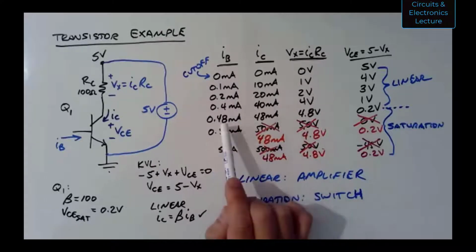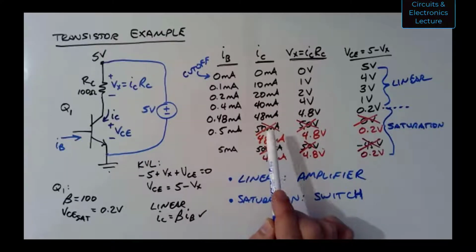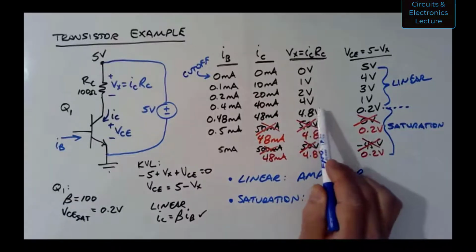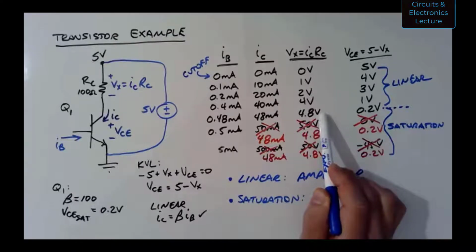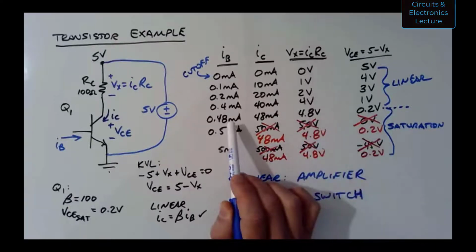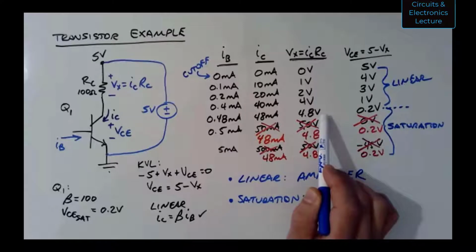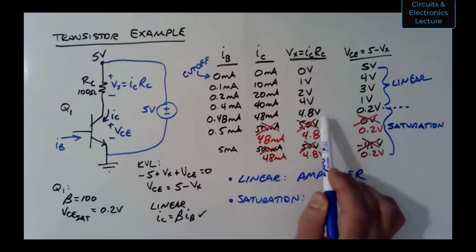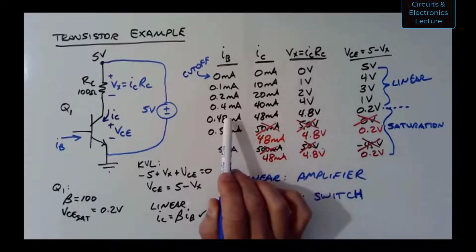So IC is controlled by IB. That's how we described a current-controlled current source. Here we have a voltage, Vx, being controlled by IB. That would be a current-controlled voltage source. It's a voltage source acting like a voltage source, and it's controlled by this current.